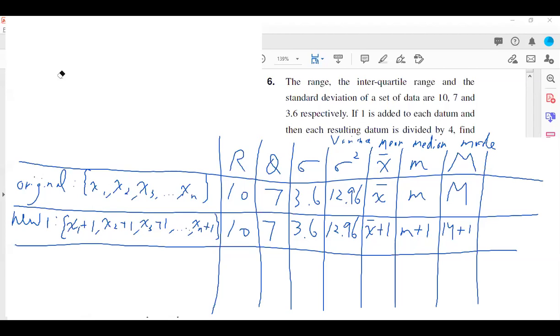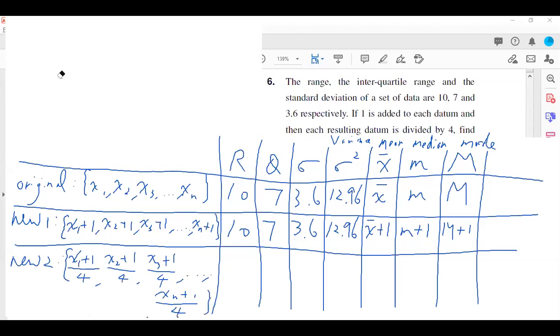New 2 will be each resulting datum, 即係加咗一之後嘅 result is divided by 4，即係除翻4，係咪即係咁樣啊？x1 plus 1 over 4, and then x2 plus 1 over 4, x3 plus 1 over 4, and xn plus 1 over 4.